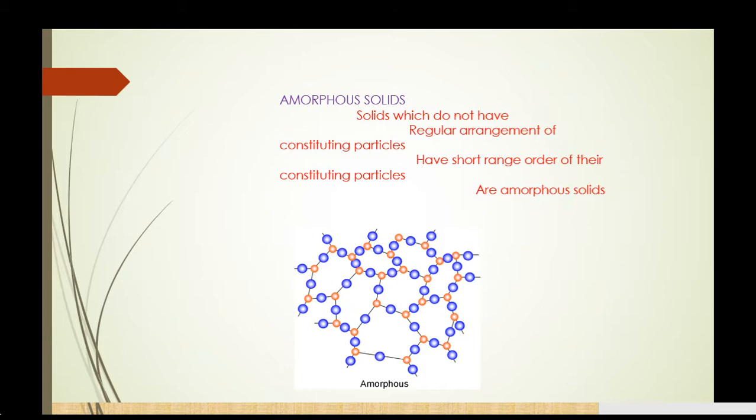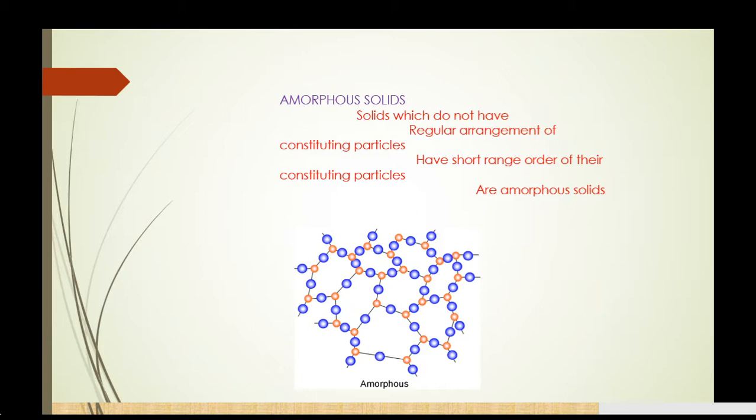And when amorphous solids are cut with a sharp edged tool, they cut into two pieces with irregular surfaces. In case of crystalline solids, smooth and plain surfaces are generated, but in case of amorphous solid, it is irregular. Amorphous solids do not have a definite heat of fusion.